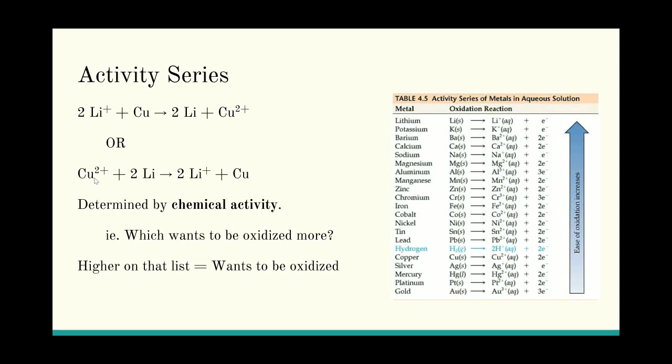They both react by losing electrons. So even though copper doesn't want much to be oxidized, it wants it a little bit. But lithium wants it so much more that it's going to force its electrons onto copper. That is how the oxidation series, or the activity series, works. If it's higher on the list, it wants to be oxidized, and it will force the other to be reduced.